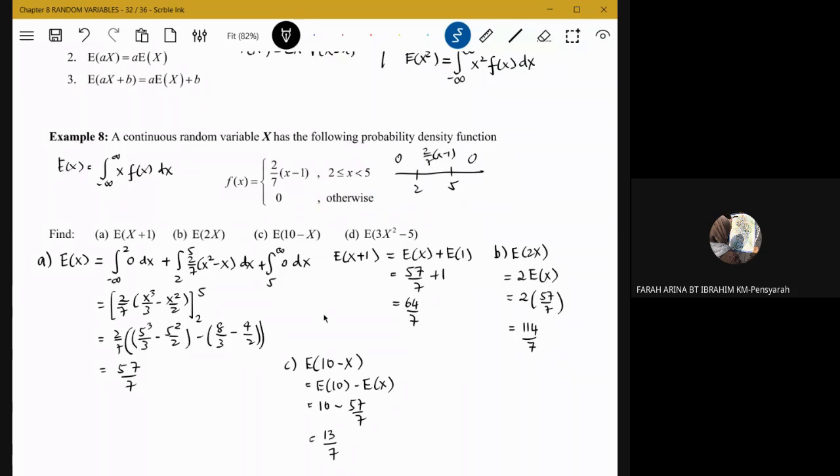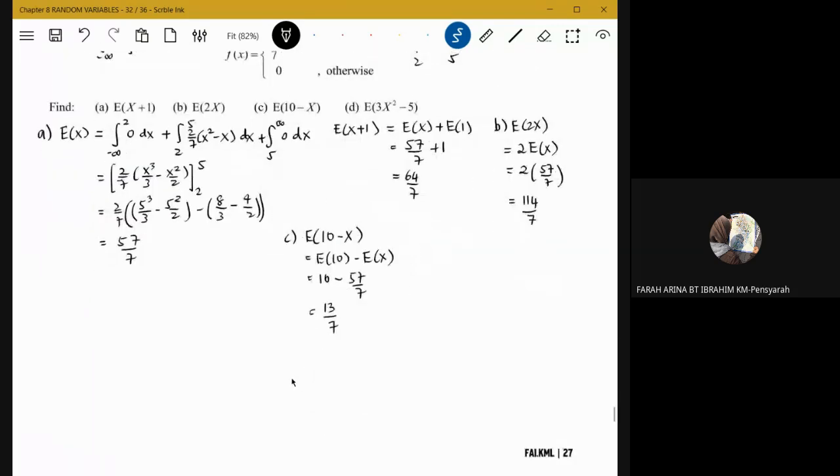Now for part D, we need the E(X squared) since we have to find the E(3X squared minus 5). So you have to find the E(X squared) first. So we know that we have to multiply with the x squared for the all interval.